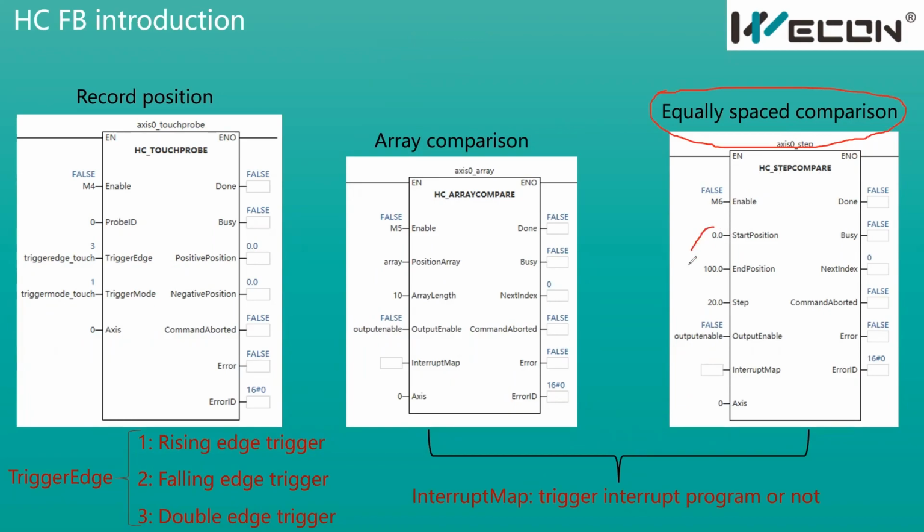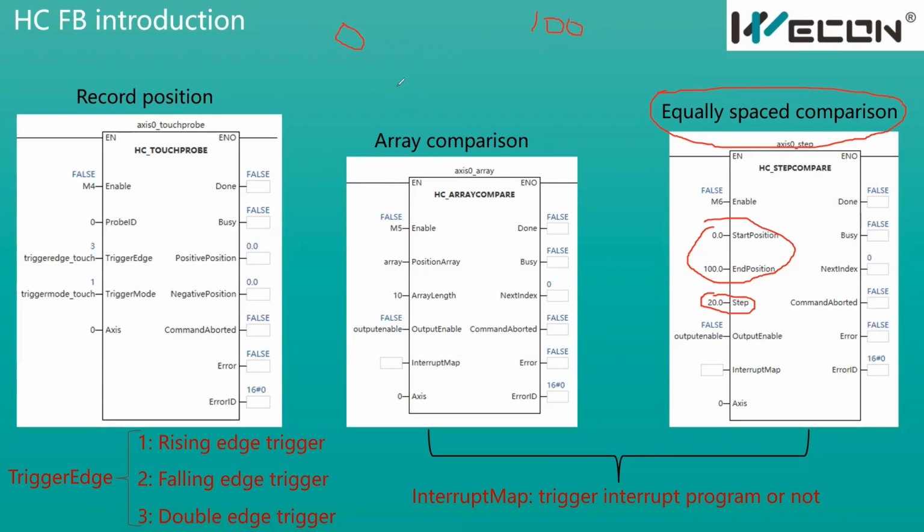It means we can set one start position and one end position. Here I set it as 0 to 100. And also we can set the steps. Here I set the step as 20.